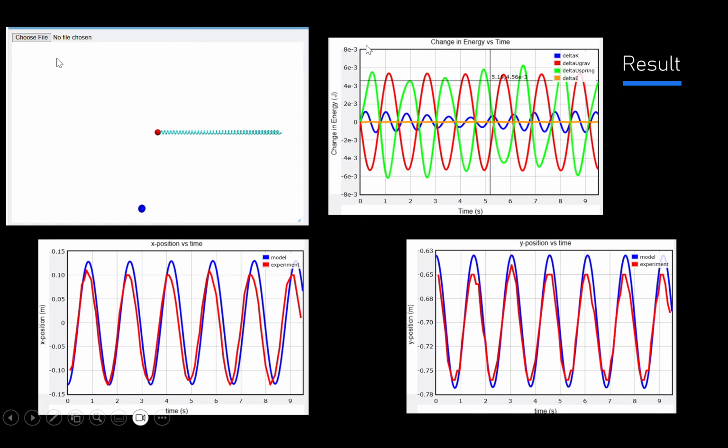So, as you can see, you have the graph on the top right, which represents all of the different changing energies, whereas on the left and the bottom right, you have the x position and the y position, because it essentially represents how accurate it is to the actual experiment versus the model.